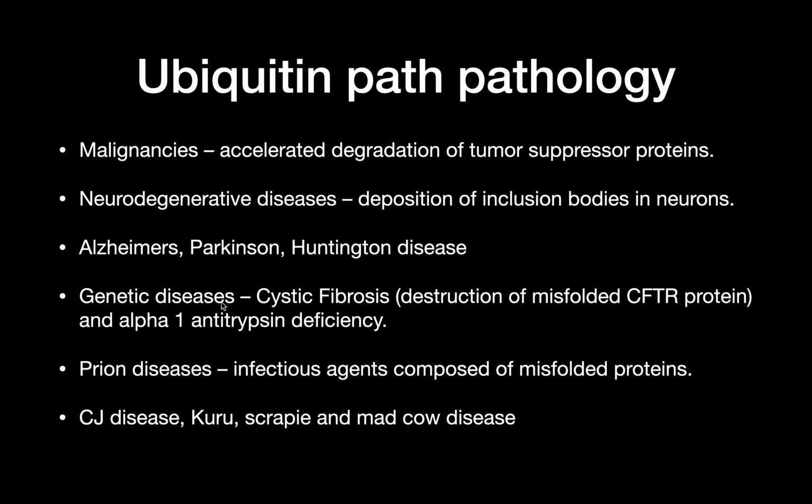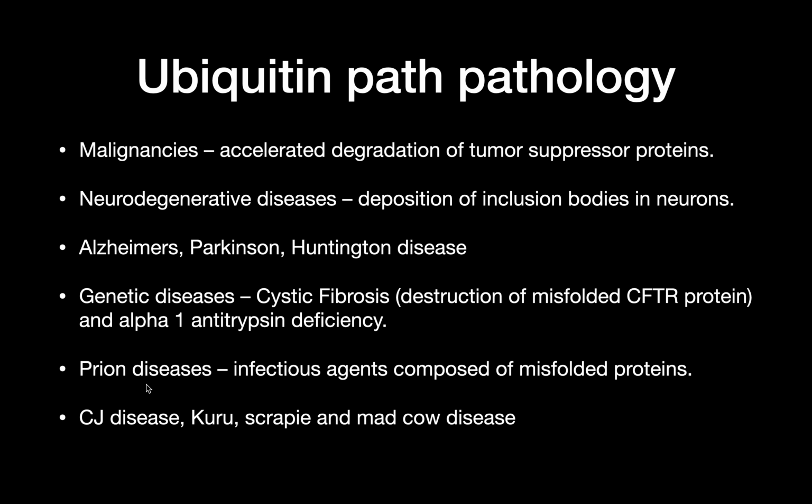And genetic diseases like cystic fibrosis and alpha-1 antitrypsin deficiency are kind of similar to the way I just described before, where the inability to destroy abnormal proteins affects our own tissues.